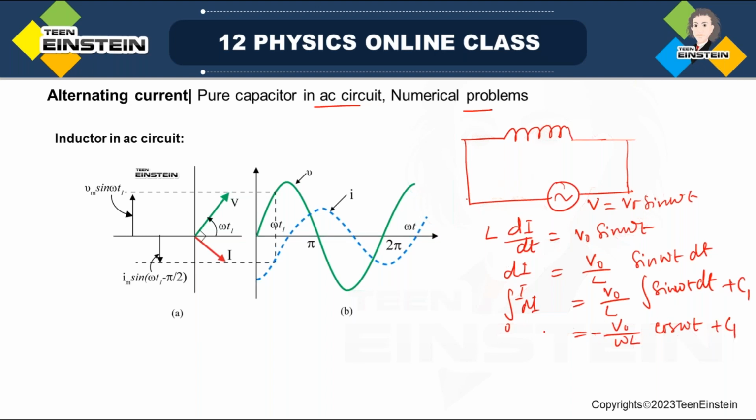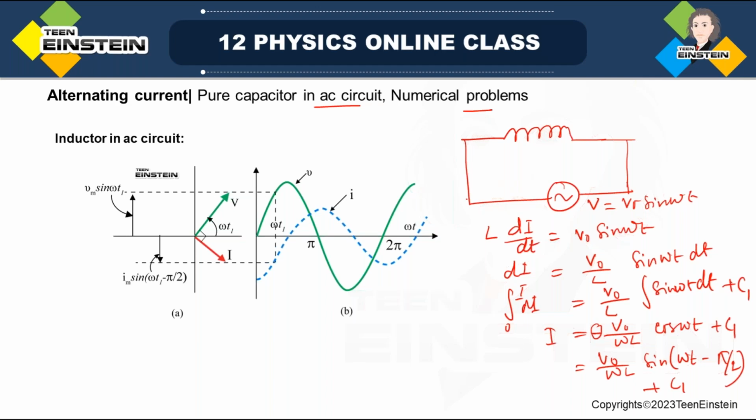This is C1 and here it is I. To absorb this minus we have to make it sine: V0 by omega L, this sin of omega t minus pi by 2. So this will bring you a minus sign in front, and this plus C1.